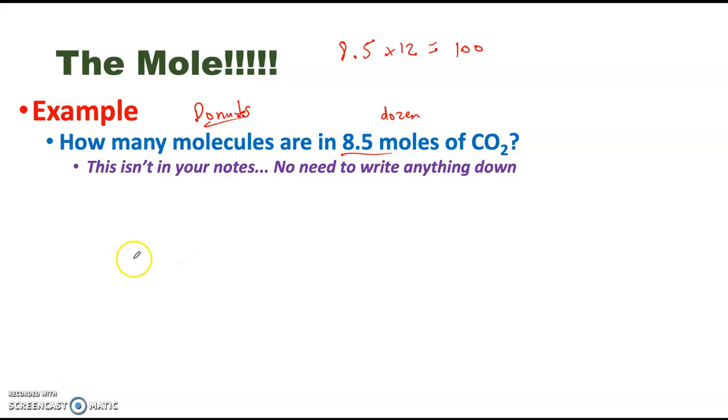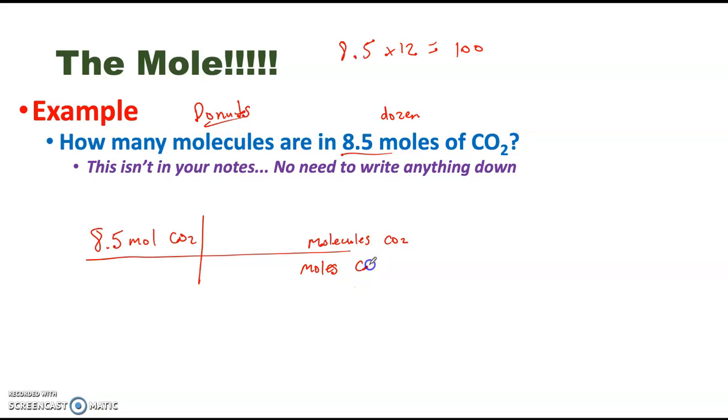Now, if we're doing this with chemistry, if I want to convert from 8.5 moles of CO2 to molecules of CO2, I'd set up a ladder, bring moles down, and you probably already figured out that you're just going to multiply by Avogadro's number. Molecules of CO2, moles of CO2, we'll extend that. Now, 1 mole of anything has how many things in it?